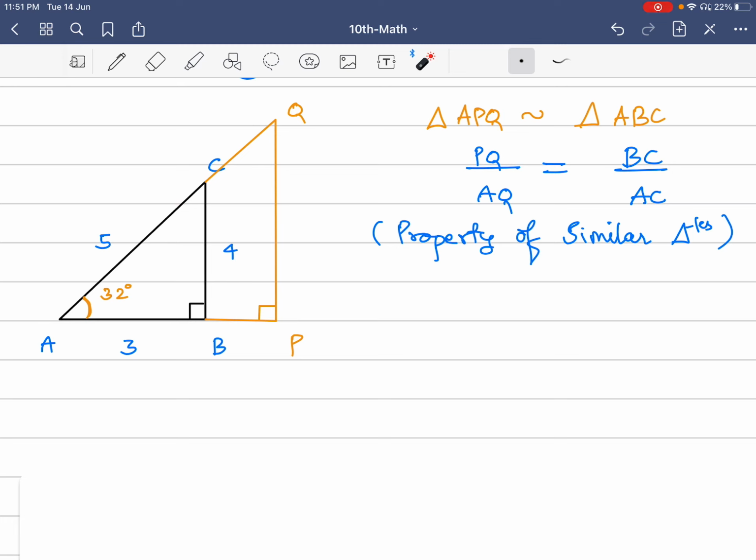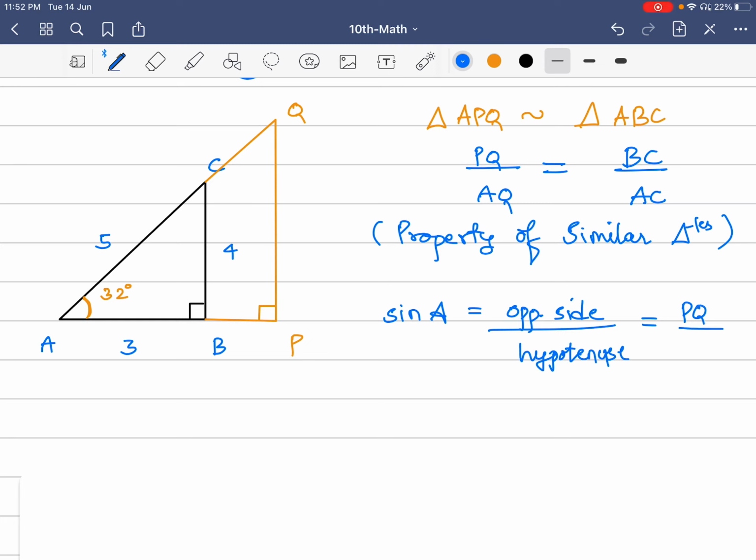For APQ, I'm again going to write sine of angle A. Sine of angle A is again equal to the opposite side divided by the hypotenuse. This is our standard definition of the trigonometric ratio sine of A. What is the opposite side for angle A? It is PQ. And what is the hypotenuse of this big triangle? The hypotenuse is AQ. So that is equal to PQ divided by AQ.